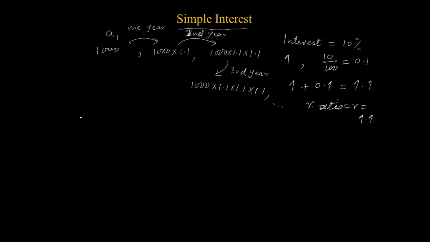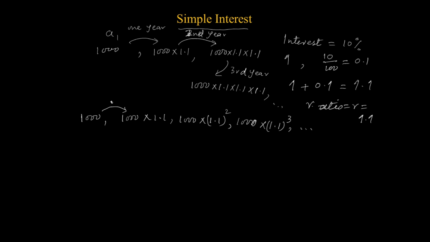So the sequence I am getting is this: 1000, then 1000 multiplied by 1.1, then 1000 multiplied by 1.1 and 1.1, so 1.1 square. On completion of the third year, the bank will give me this much amount, 1000 multiplied by 1.1, but 1.1 is multiplied 3 times, so power 3, and so on.